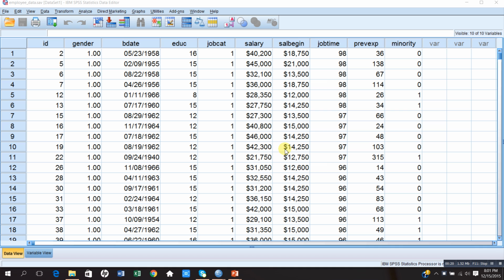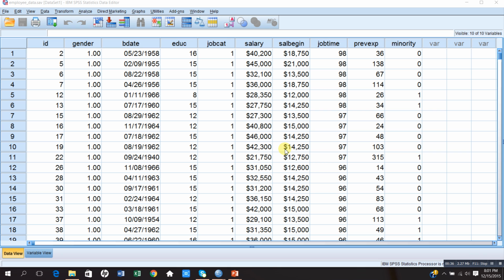Under independent sample t-test, we basically compared the means of two different groups. For example, we compared the average salary of the males with the average salary of the females.